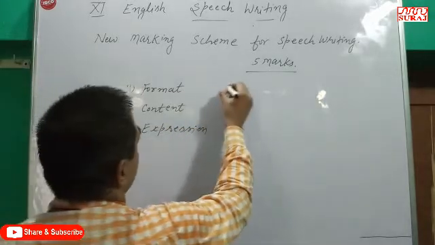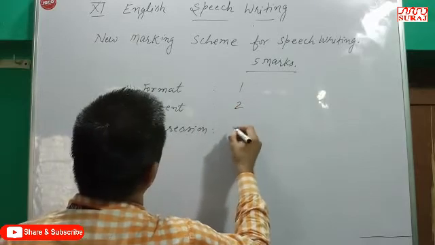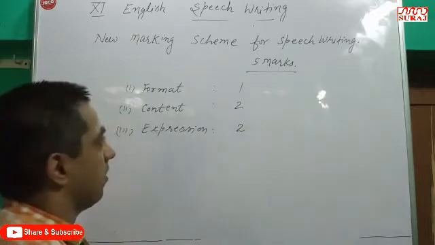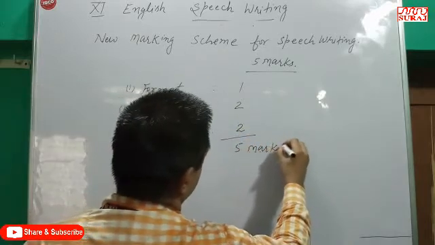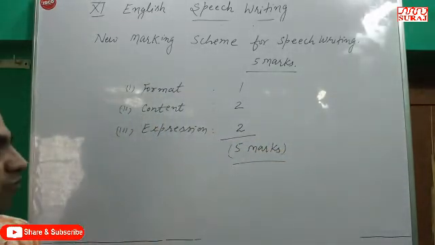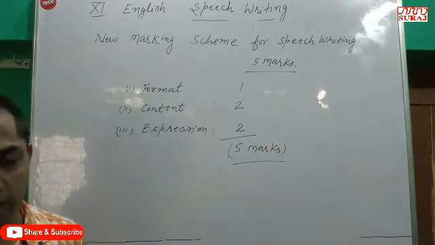Format is of 1 mark, content is of 2 marks, and expression is also of 2 marks. Total 5 marks. If you want to get 5 out of 5, then you should follow all the useful tips which I have just told you.